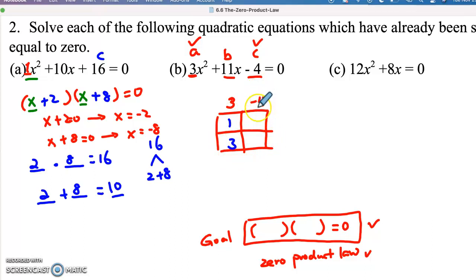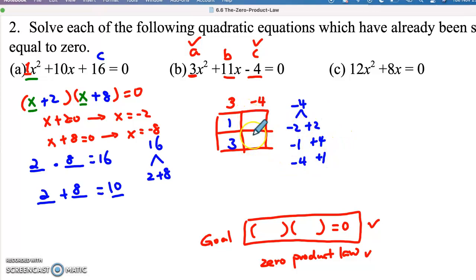For -4, here I'm thinking about 2 factors. One needs to be positive and the other one negative because it's a negative product. So I have +2 and -2. I also have -1 and +4. I also have -4 and +1. Okay, so I have 3 pairs.